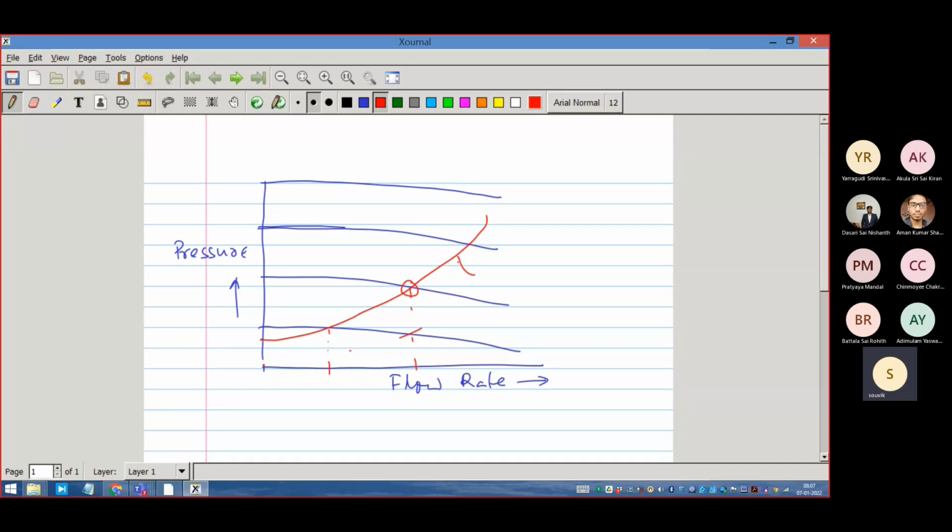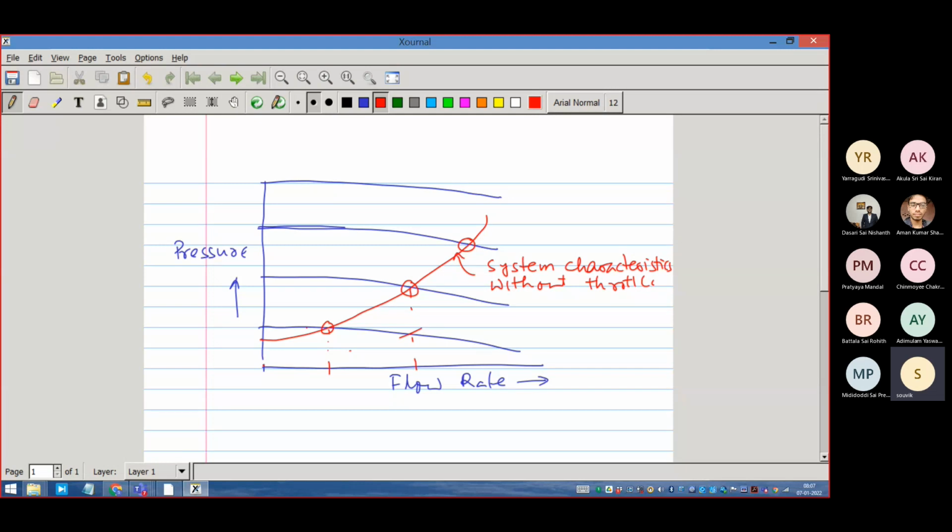This is the system characteristics without throttle. So we are able to run at the desired point of the pressure flow rate plane. In the pressure flow rate plane, we are able to run at the optimum.